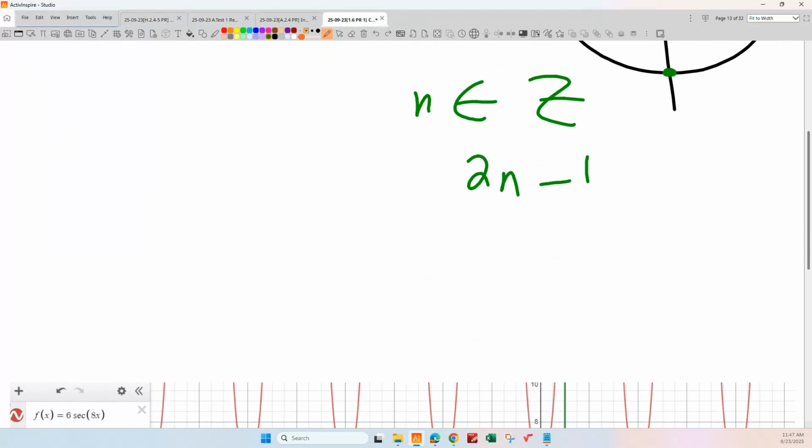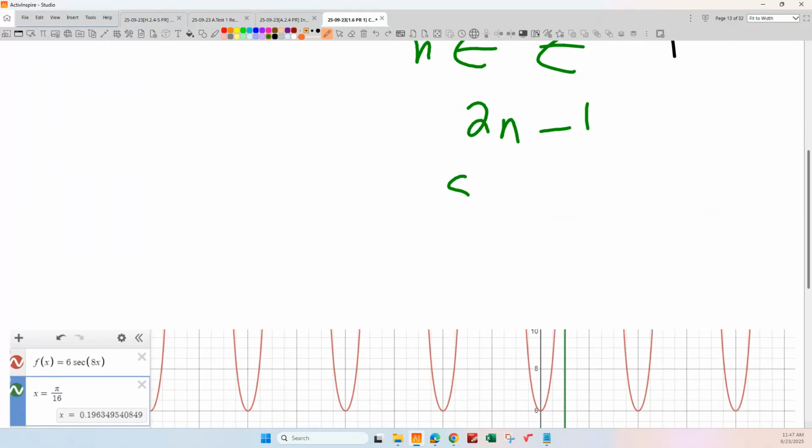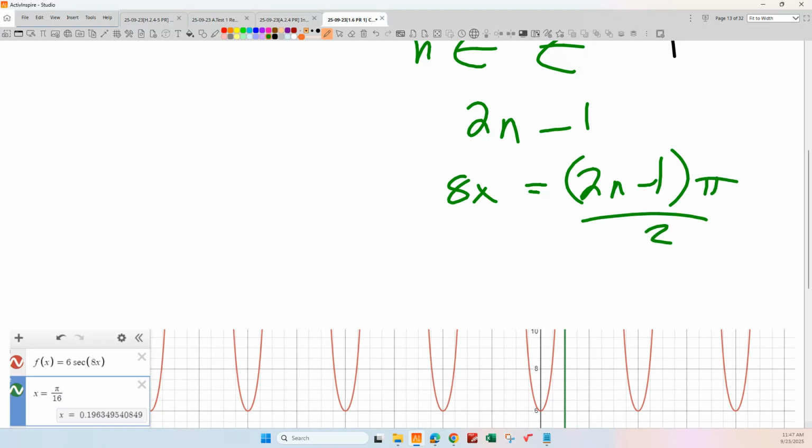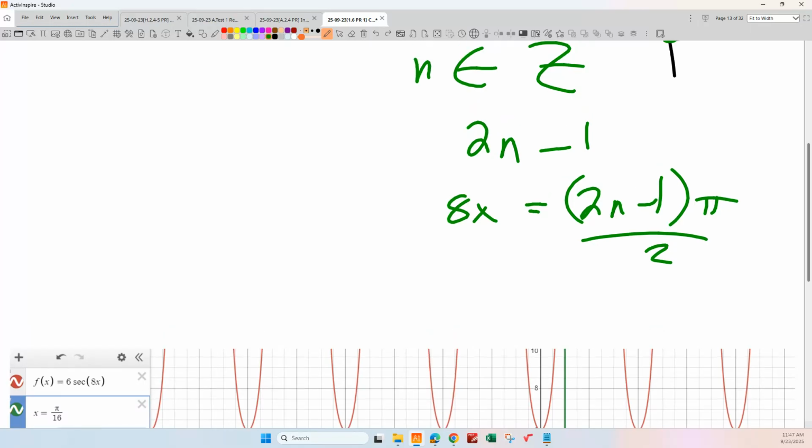Okay, so then what could I do? I could say the solution is going to be 8x is equal to any odd multiple of pi halves, right? Make sense? Okay, well then all I've got to do now is just solve for x, because I don't want the values of 8x.